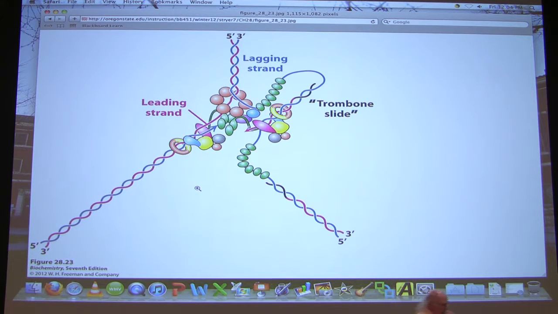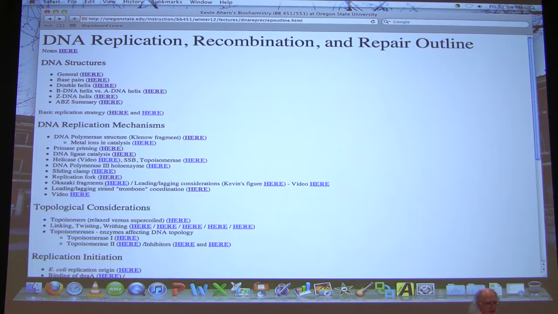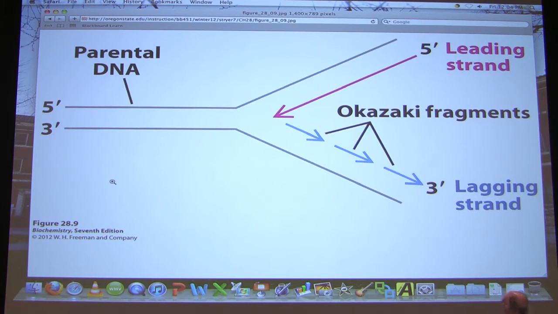All right. Let's think then about Pol I, because Pol I is pretty critical. Pol I has the ability to remove these primers, and that's single-stranded binding protein there. So there's a primer right there. We've got to remove this primer, and only Pol I can do it. Pol III cannot remove the primer. So if we think about what happens when we have Okazaki fragments being made, here are a series of Okazaki fragments, and this is again representing what's happening.